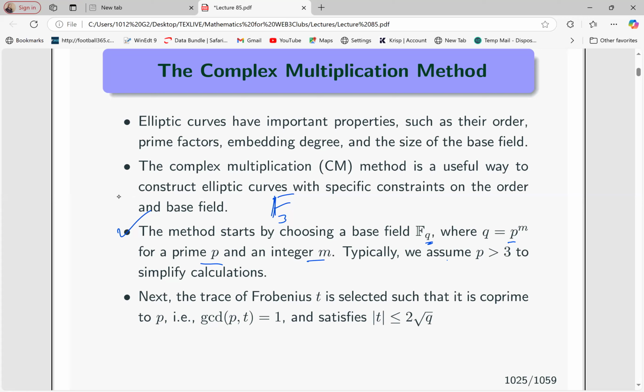For purposes of our discussion, we'll pick P to be any prime number greater than 3. What about M? M is also just an integer.